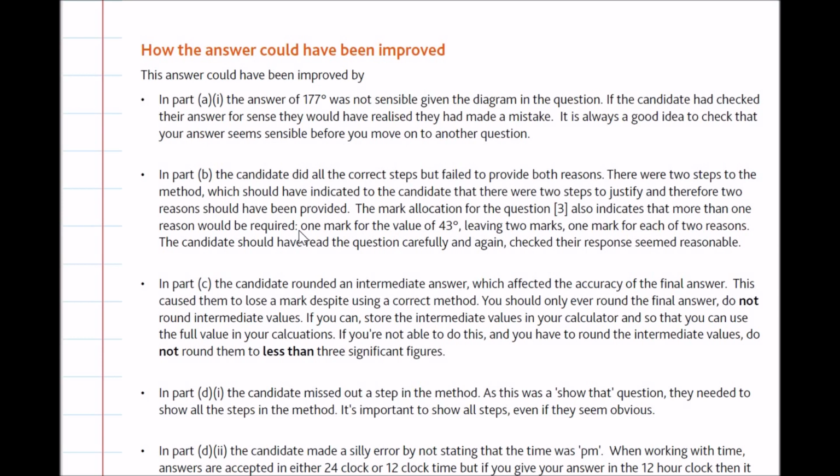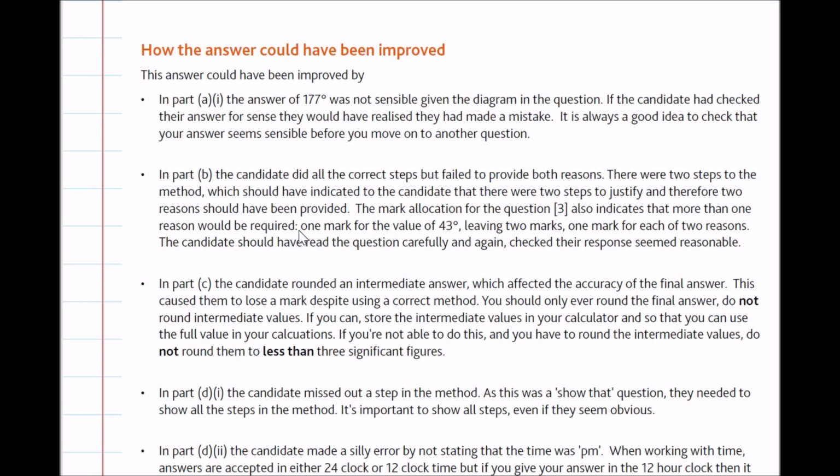In part C, the candidate rounded an intermediate answer which affected the accuracy of the final answer. This caused them to lose a mark despite using a correct method. You should only ever round the final answer. Do not round intermediate values. If you can, store the intermediate values in your calculator so that you can use the full value in the calculations.